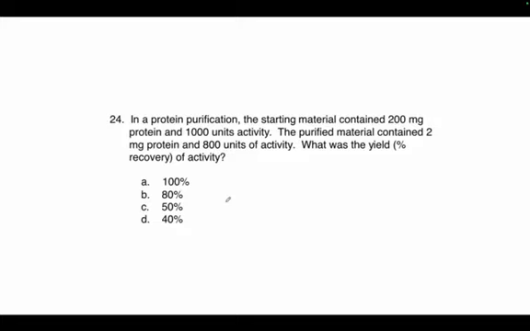In a protein purification, starting material contained 200 mg and 1000 units activity. We'll just try to find specific activity, which is activity divided by weight, right? Which is 5 units per mg.